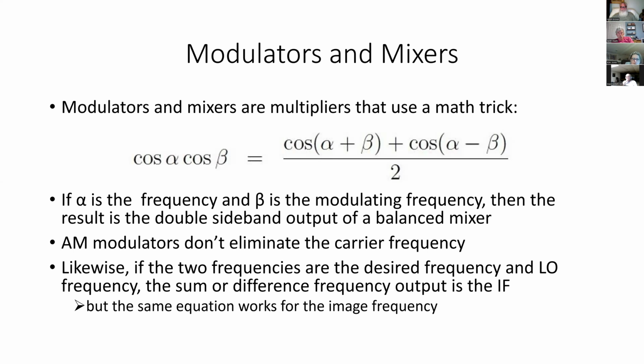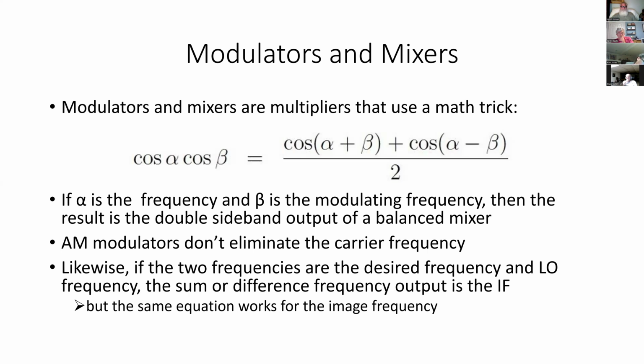So if, for instance, the desired frequency range is above the local oscillator frequency, then the intermediate frequency will have the desired frequencies mixed down from that high side difference down to the intermediate frequency, but it works the same for the image.